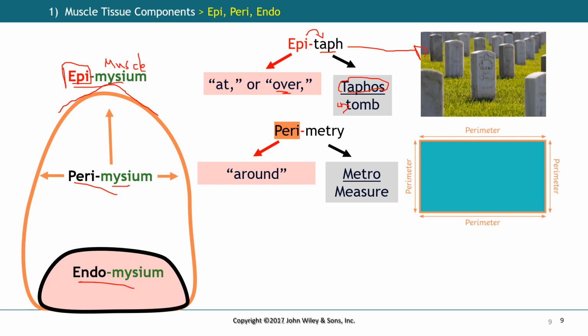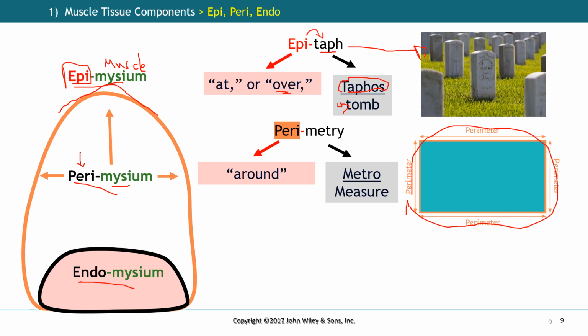So peri means around, and metry means measure. So the perimeter is this section that you are measuring around. We are not measuring what is inside, you are measuring all these sections that are outside, that are around. So the perimysium is the connective tissue that is around the muscle.